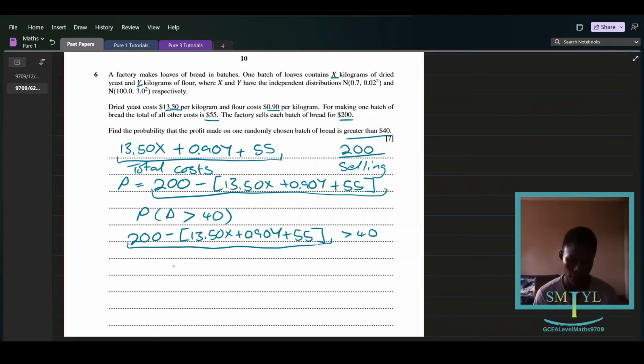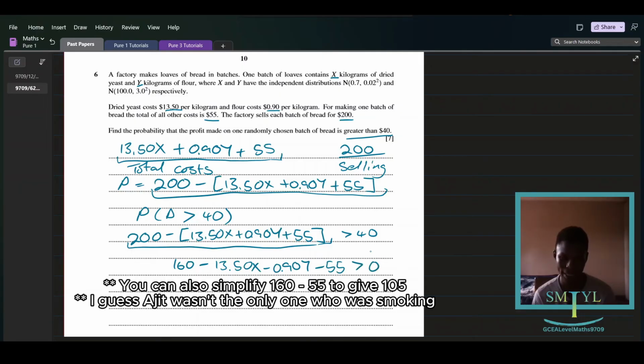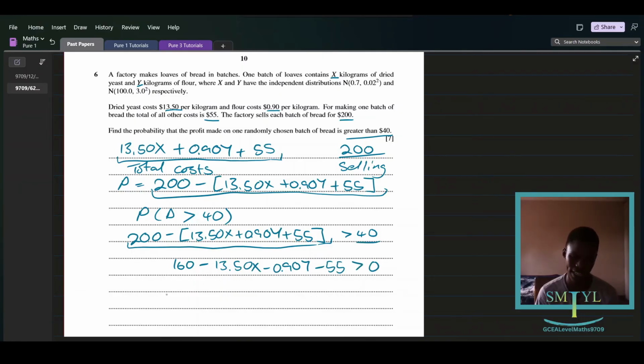So I'm going to move the 40 to the other side, so it becomes 200 minus 40, which gives us 160. Then I'm going to expand our bracket. That's minus 13.50x minus 0.90y minus 55. And this is now all greater than 0 since we've moved the 40 to the left-hand side.